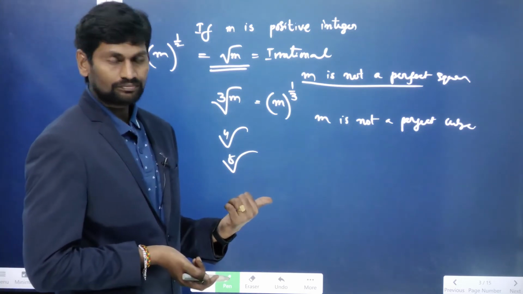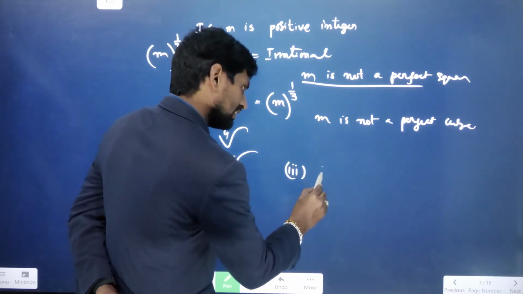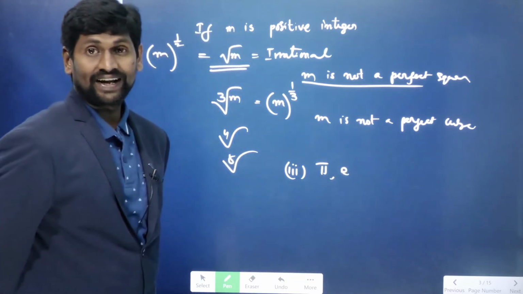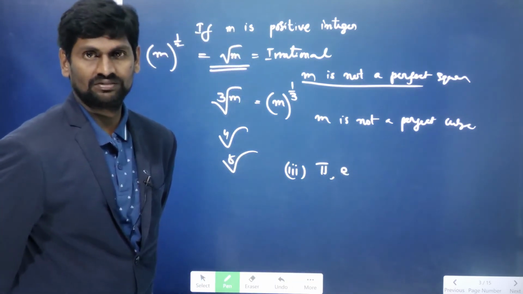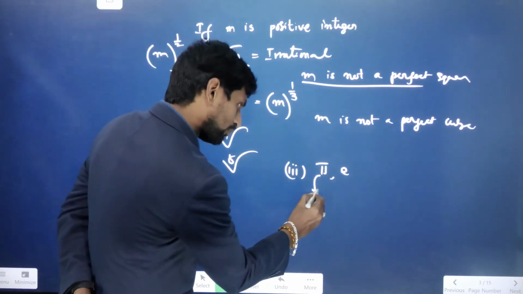Clear? And the third one, the values of pi and e. These are called transcendental irrational numbers. You know that the pi value is 3.14.